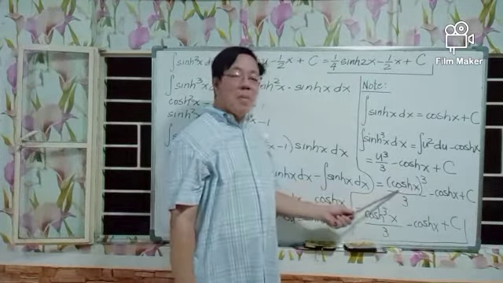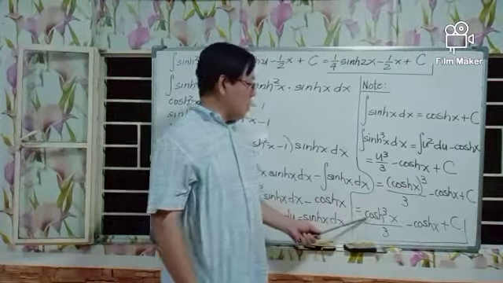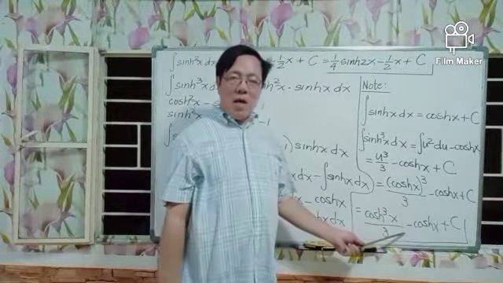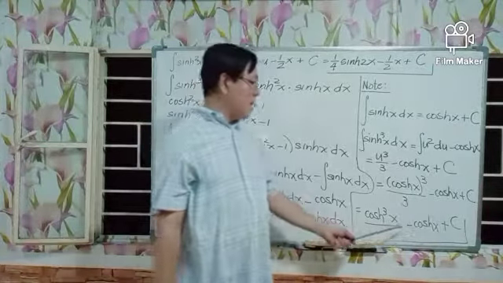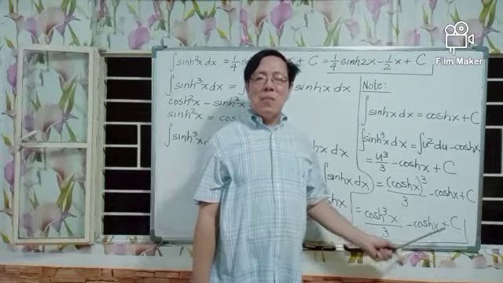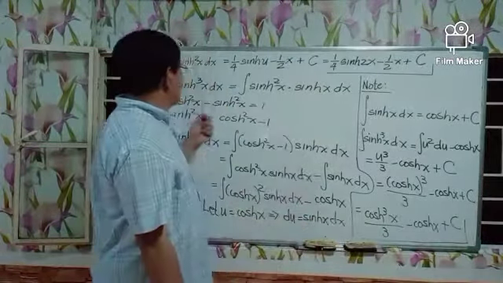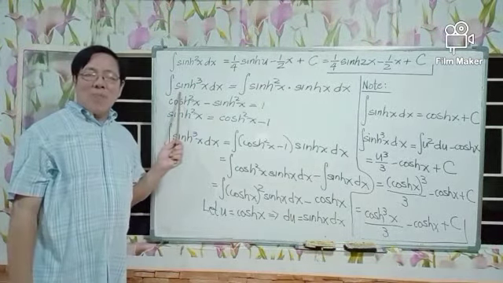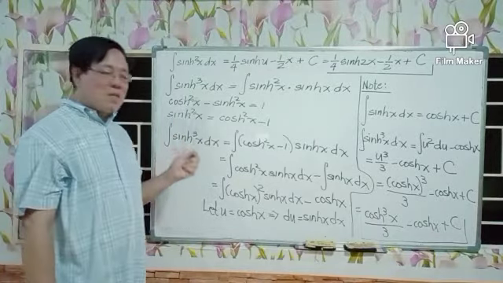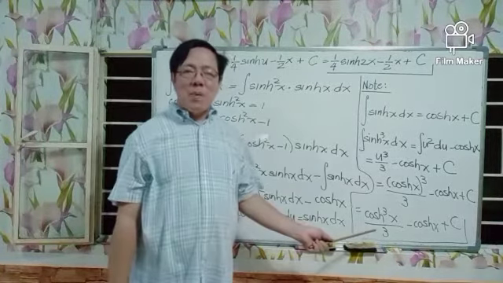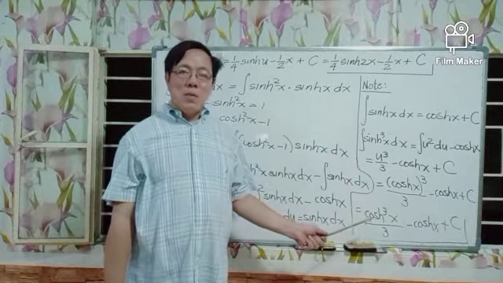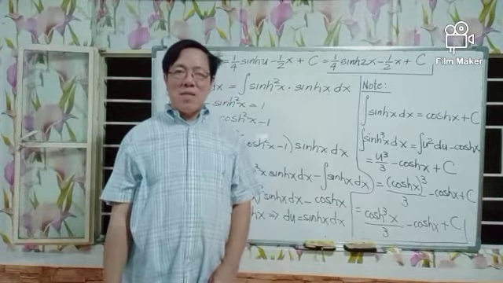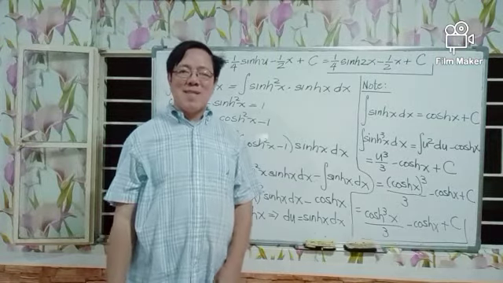So this is hyperbolic cosine cube of x divided by 3 minus hyperbolic cosine of x plus c. Thus, the integral of the cube of hyperbolic sine of x with respect to x is equal to hyperbolic cosine cube of x divided by 3 minus hyperbolic cosine of x plus a constant of integration c.